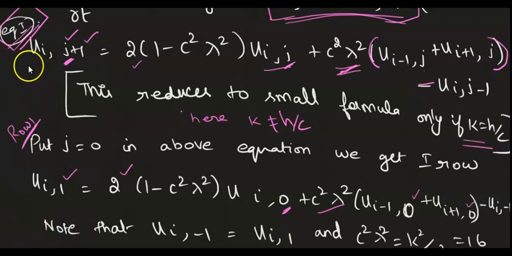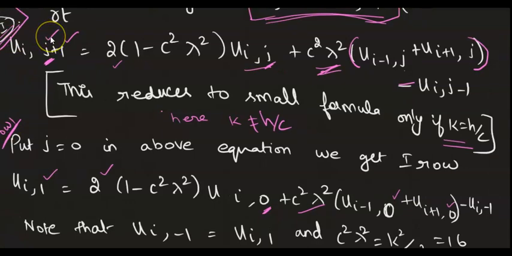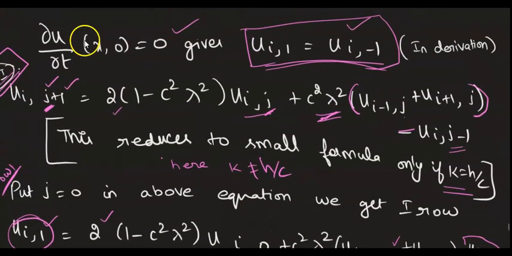And the last term, u i comma j minus 1, which is 0 minus 1, is u i comma minus 1. We don't know what to use for this term. So remember the initial condition that we have: u i comma minus 1 is the same as u i comma 1.